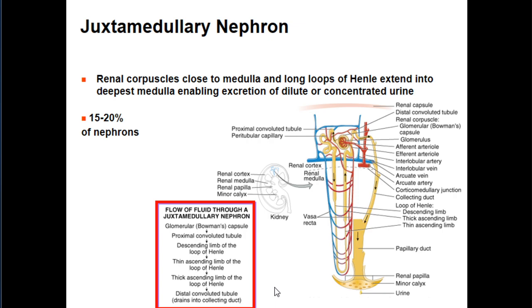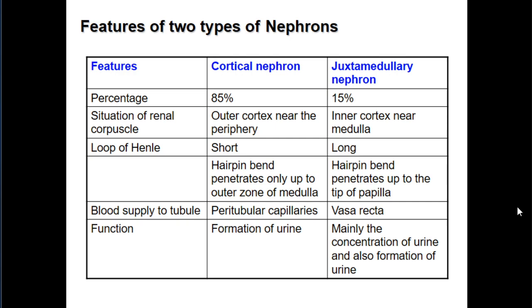From the glomerular capsule into the proximal convoluted tubule, then the descending limb of the loop of Henle, while the ascending limb consists of thin and thick limbs of the loop of Henle, and then finally into the distal convoluted tubule. So here you have the summary of differences between cortical and juxtamedullary nephrons, which we have discussed before.